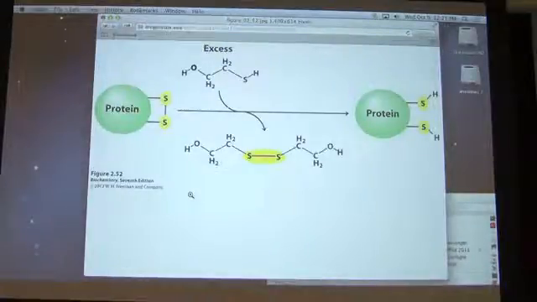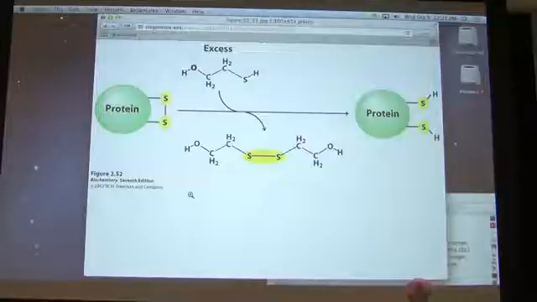So let me show you at the chemical level what's happening when we reduce a disulfide bond. Here's a protein that has a disulfide bond, and here is mercaptoethanol. Mercaptoethanol, you see, starts out with an SH, and you see our protein starts out with a disulfide bond. Basically, what happens in this reaction is they swap places.